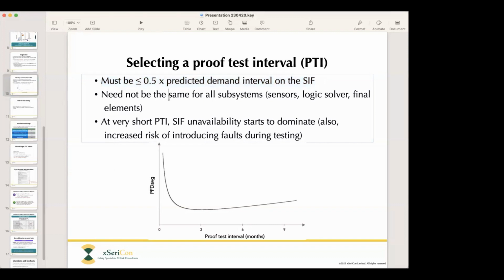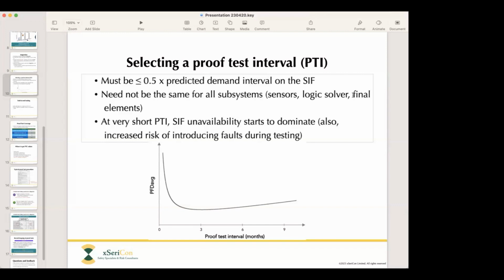Now, the proof test interval doesn't have to be the same for all parts of the safety function. So, for example, the final elements, the shutdown valve, the actuator, the solenoid, may need to be tested more frequently than components such as the sensors. And there could be several reasons for that. One is that they have a higher probability of failure on demand.